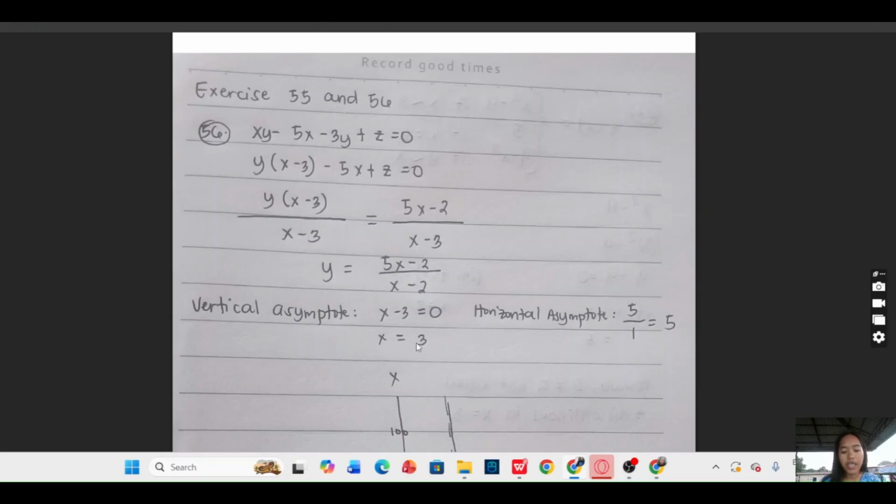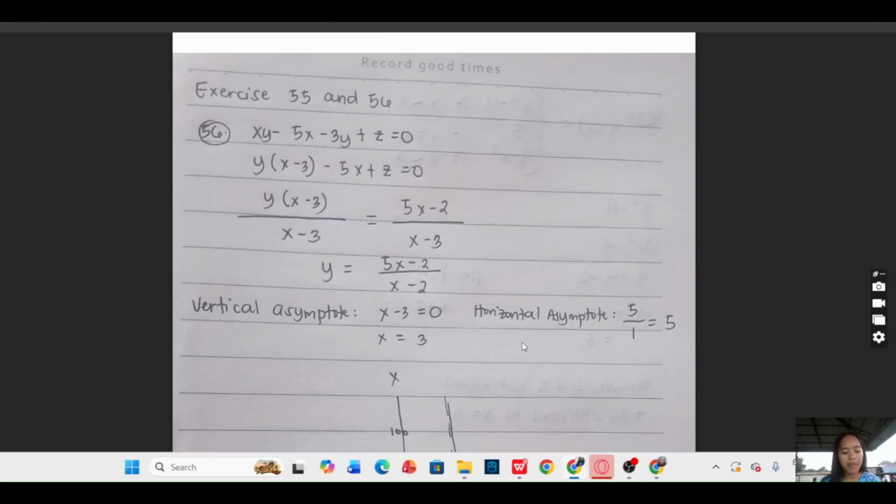So the graph has a vertical asymptote at x equal to 3. This means the function is undefined at this value, and the graph approaches but never touches this line. So that is asymptotic because it never touches the line.